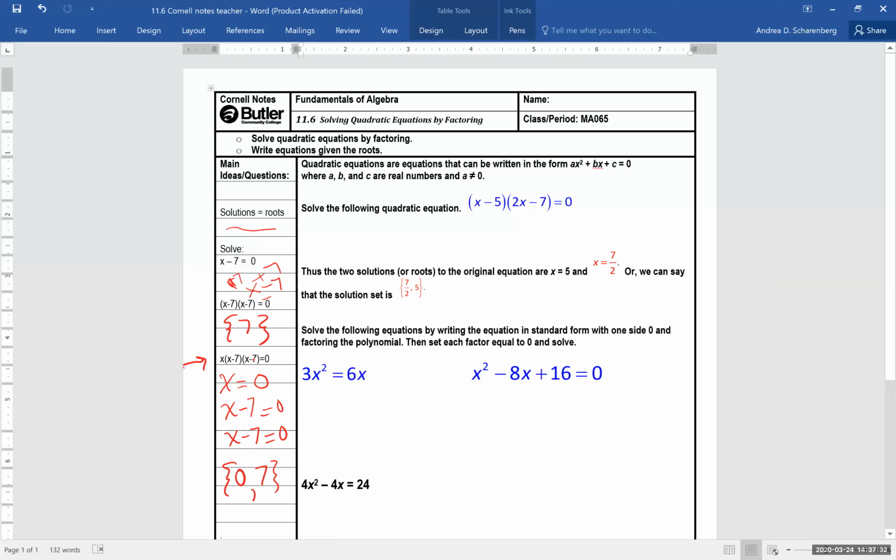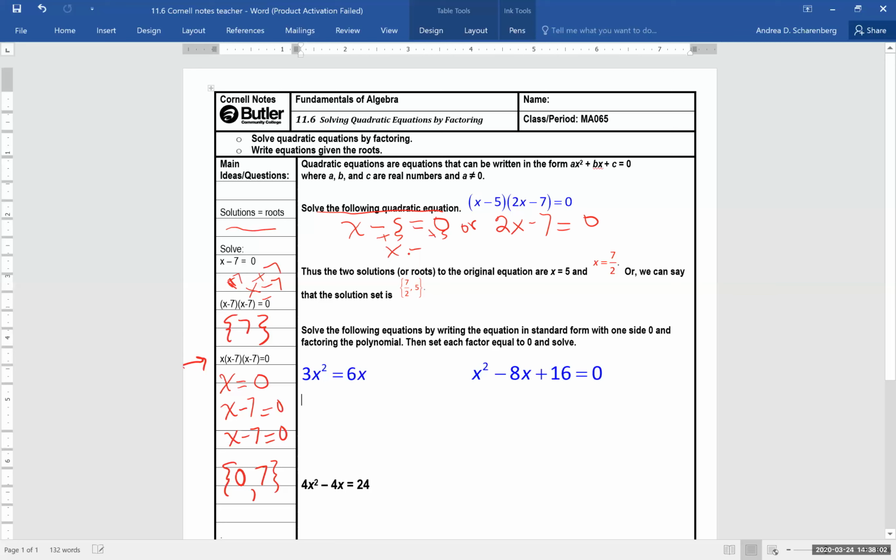Okay. So over here, if we solve the following quadratic equation, x minus 5, and also 2x minus 7 equals 0, I'm going to set them both equal to 0. So x minus 5 equals 0, or 2x minus 7 equals 0. If I solve this one first, I'm going to add 5 to both sides.